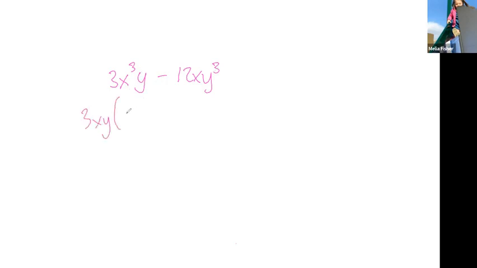And that will give me x squared minus 4y squared. Am I done? Now I can do difference of squares. x and 2y, and 2y, plus and minus. Awesome job, you guys.